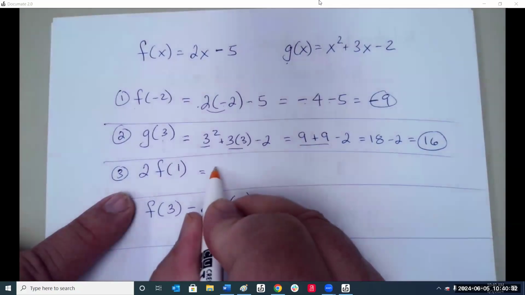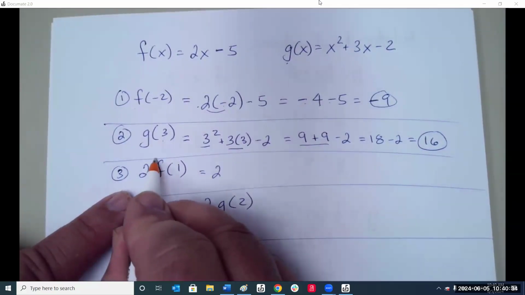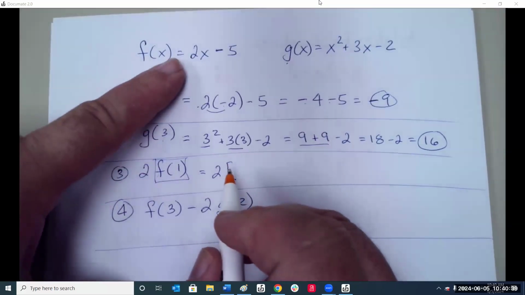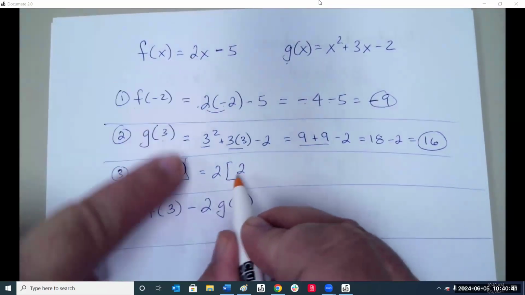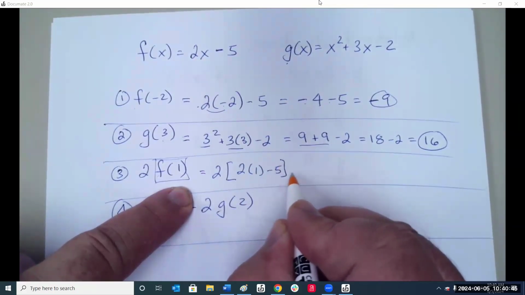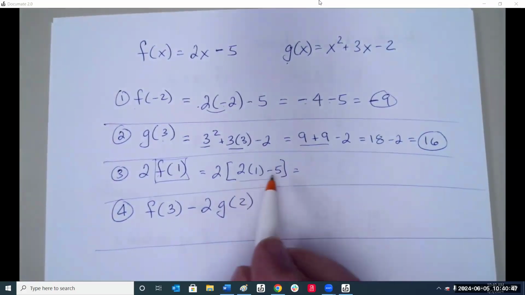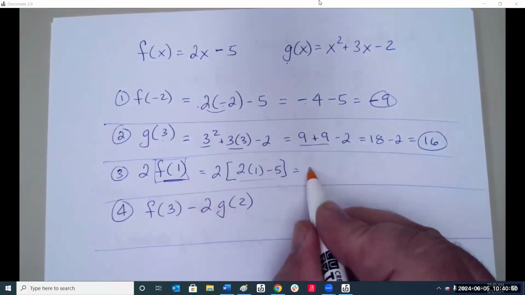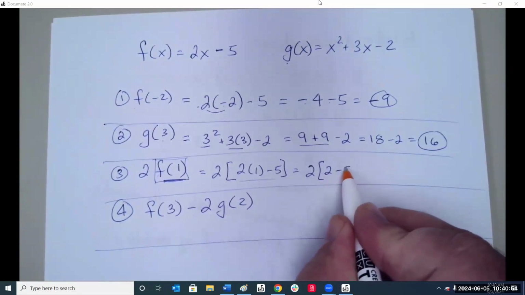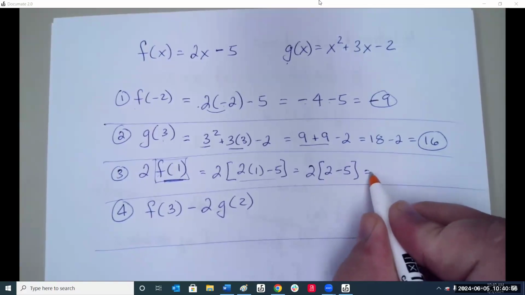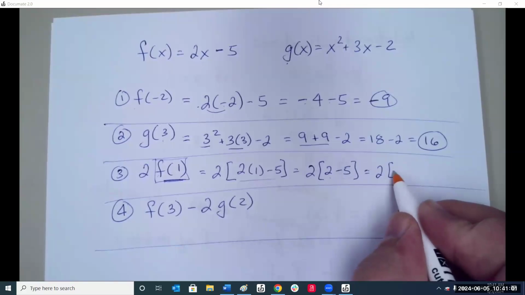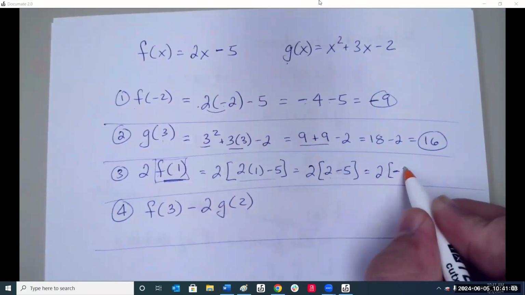Now this one says I multiply 2 by whatever this gives me. So I go to this first one, anywhere I see an x, I put a 1. I have to do this part first. 2 times 1 is 2, minus 5. Since 5 is bigger, it's negative. 5 minus 2 is 3.